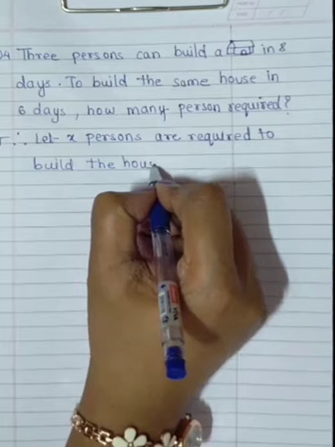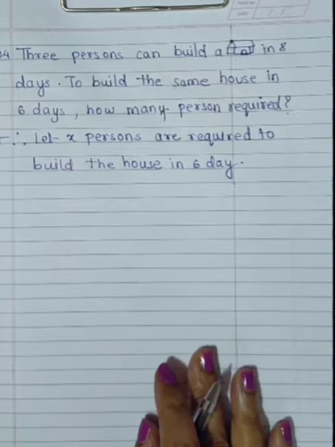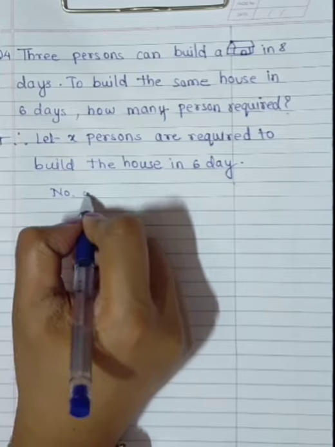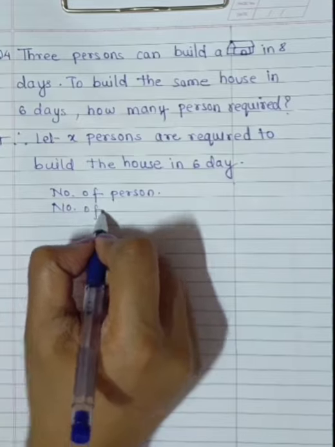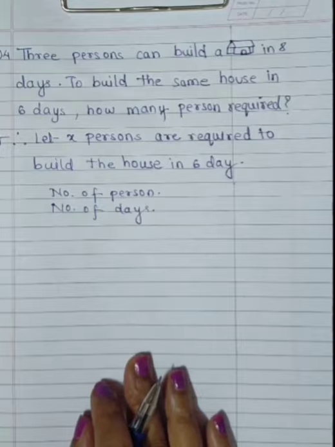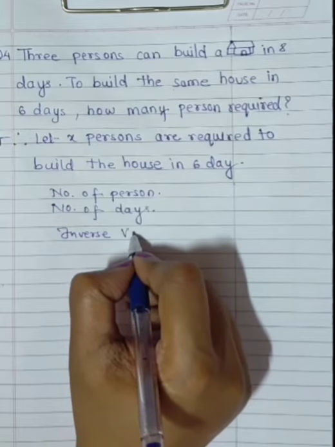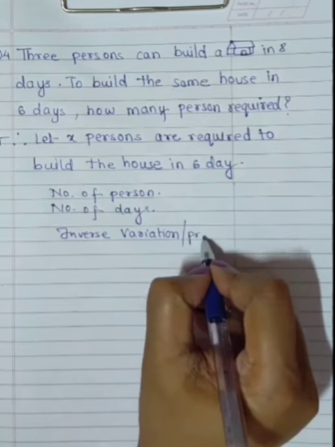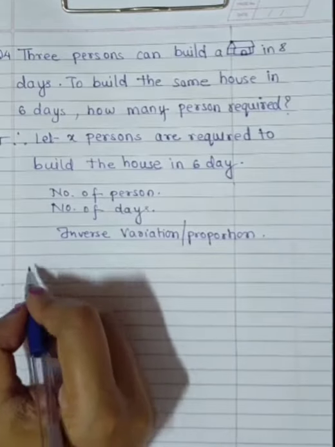Now here, as we can see, the number of persons and the number of days required to build a house is inverse variation, or inverse proportion.